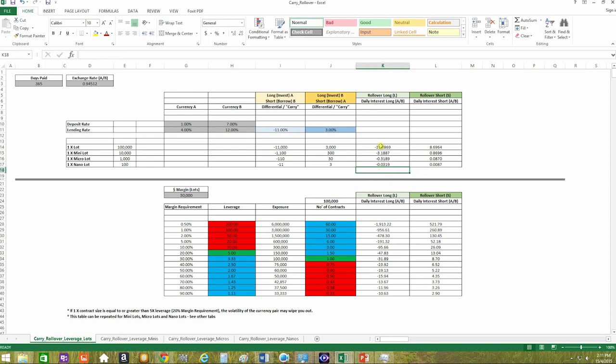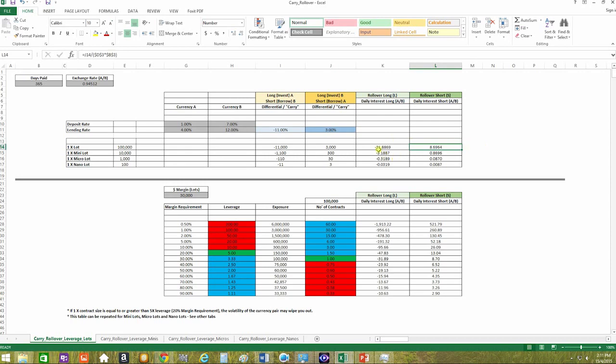So if we have long the currency pair AB, as we have titled up here, we basically pay out per day 31.8869. And if we're short the currency pair AB, we actually get a credit to the trading account of 8.6964.